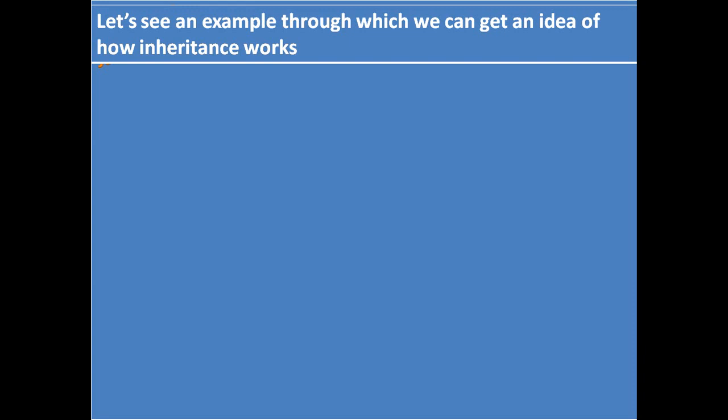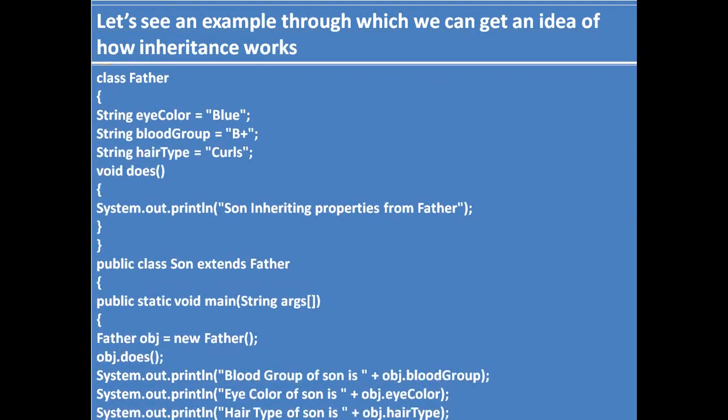Let's see an example through which we can get an idea of how inheritance works. Suppose we have created a class Father. In the Father class, we create three fields: eye color, blood group, and hair type. Father's eye color is blue, father's blood group is B positive, and father's hair type is curly. And we create a method that prints son inheriting properties from father.